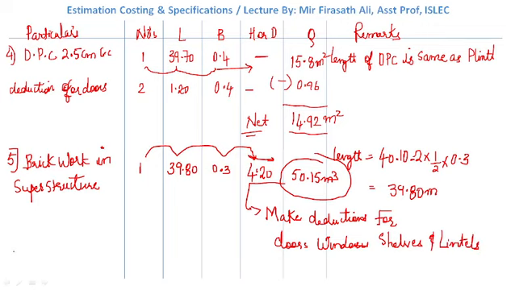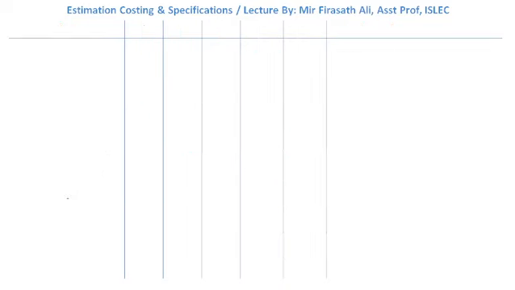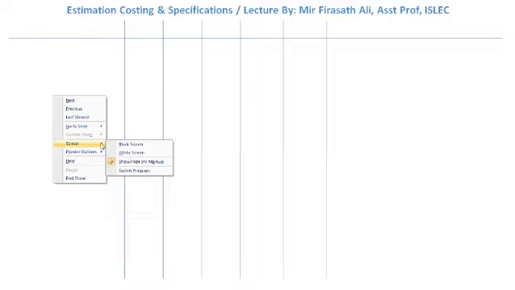In previous classes, we have made those deductions. Here also, as the previous question plan and this plan are almost the same, the deductions will also be the same. So let us find out the deductions.